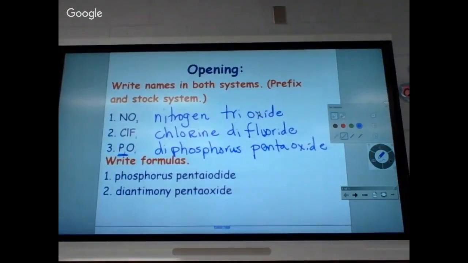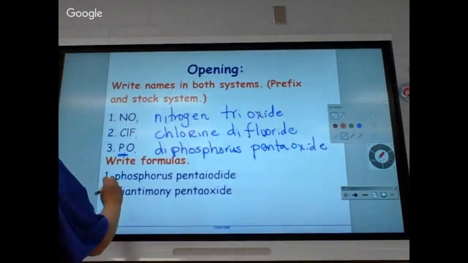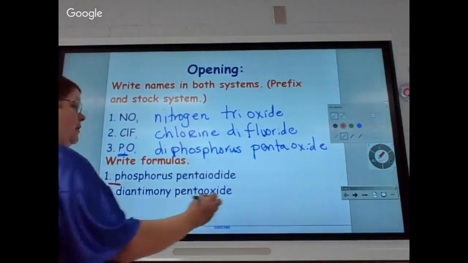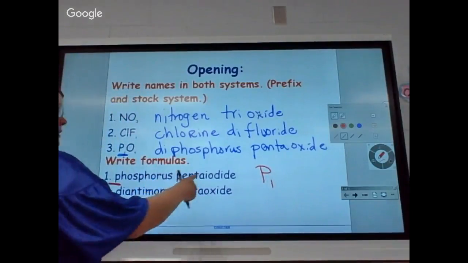Whatever number becomes a subscript, or the subscript becomes the prefix. Now, for the bottom, again, there's no crisscrossing, no oxidation numbers. These prefixes tell us the subscripts. So since phosphorus has nothing here, that means phosphorus has a what? It has a 1.